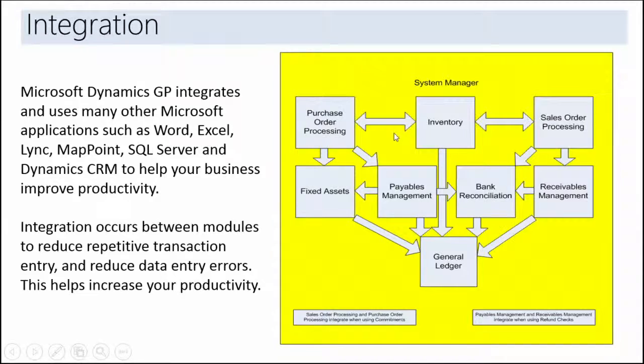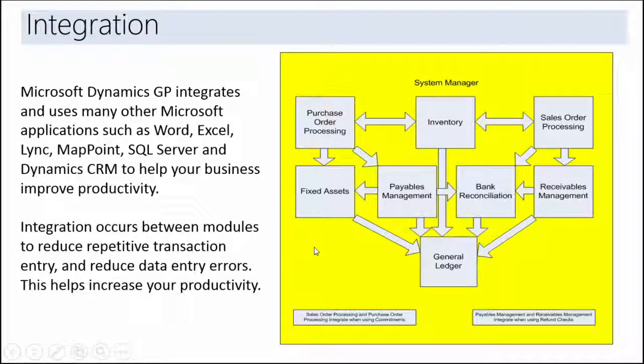The transaction flow that occurs is actually down through payables management typically, like we talked about, or possibly into fixed assets if you bought an asset. But the automatic update occurs into inventory if you're using purchase order with the quantity increase. And then, of course, on the other side, sales order processing would allow you to decrease the inventory when you sell the item. So in those cases, it's really not transactional flow. It's just simply updating those modules.